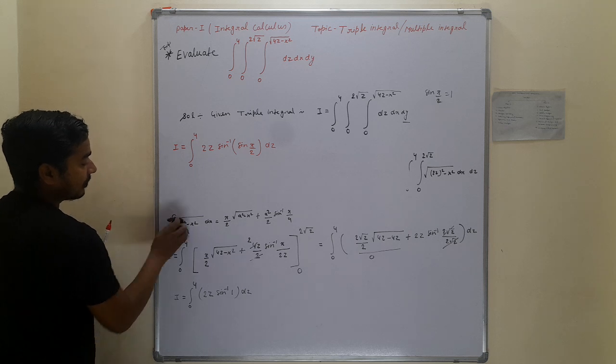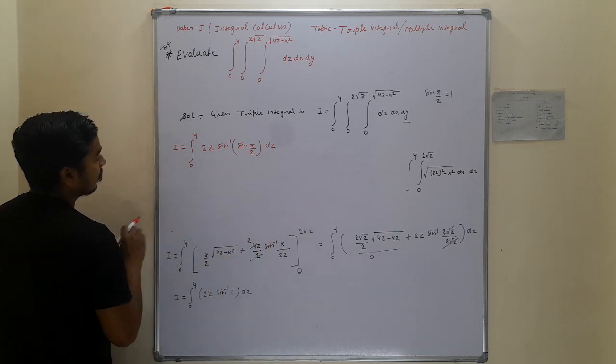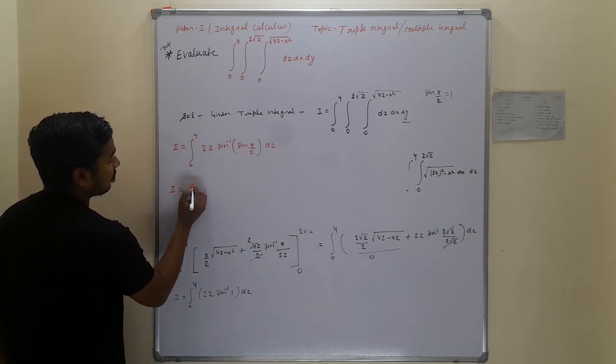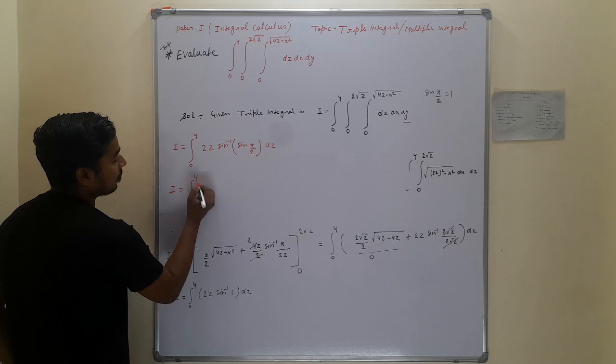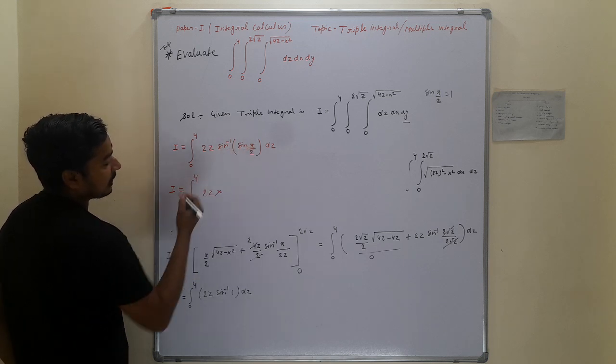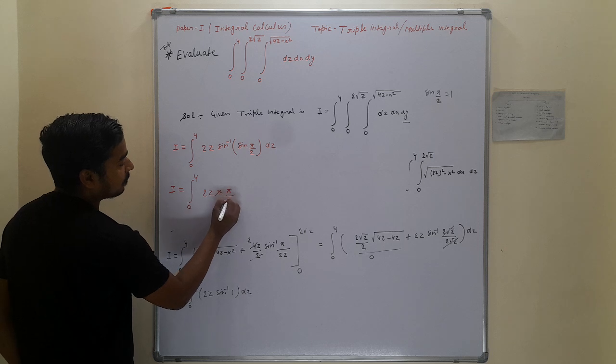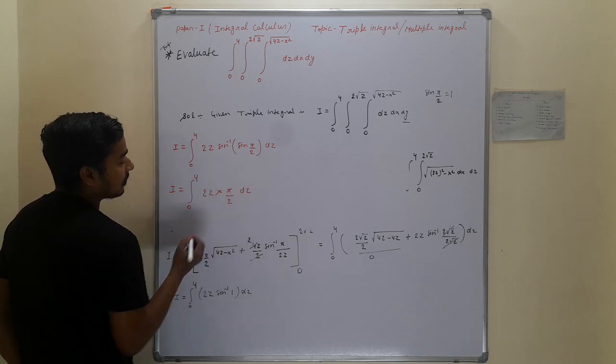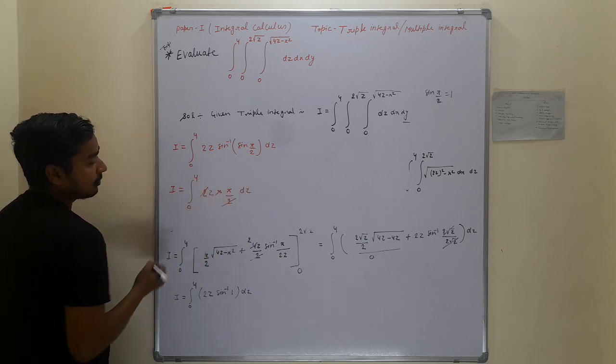From here we get integral I equals the integral from 0 to 4 of 2z into pi by 2 dz. The 2 and 2 cancel out.